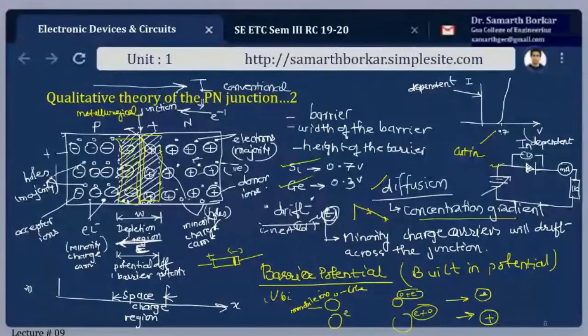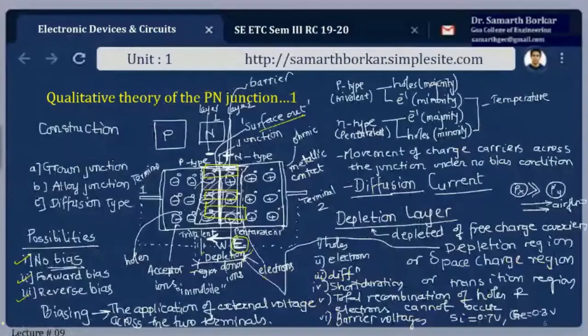Here there are free carriers. Once they recombine, we call it uncompensated, and we simply show it with the circle minus or circle plus notation here in this region, the depletion region.